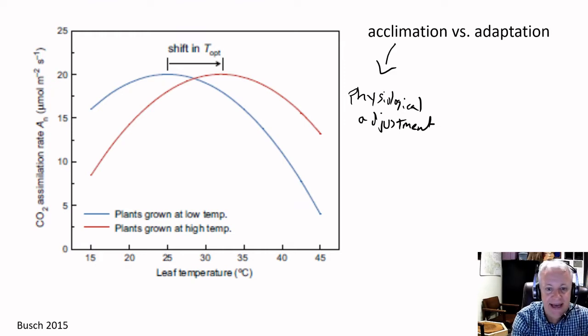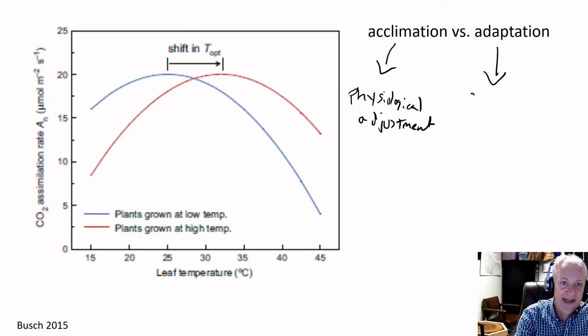So when we say that a plant has acclimated to temperature or acclimated to any other environmental condition, what we mean is that there are physiological changes in that individual that change its physiology in response to that change in the environment. So acclimation refers to a physiological adjustment.